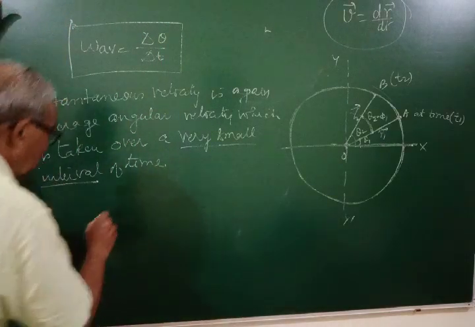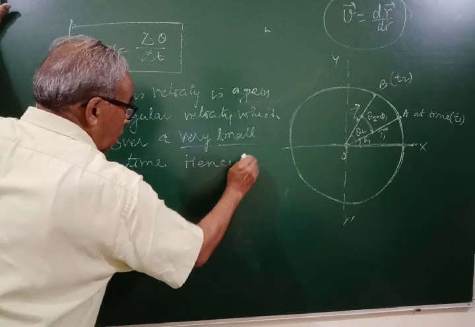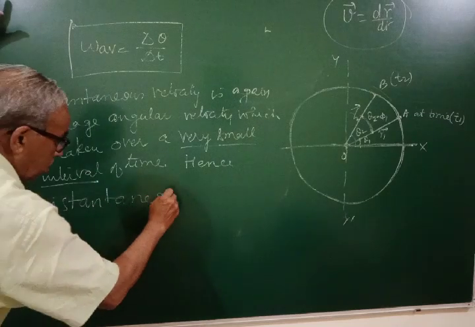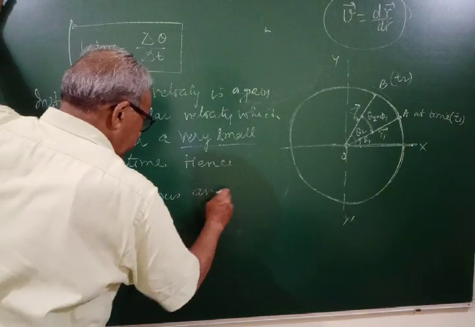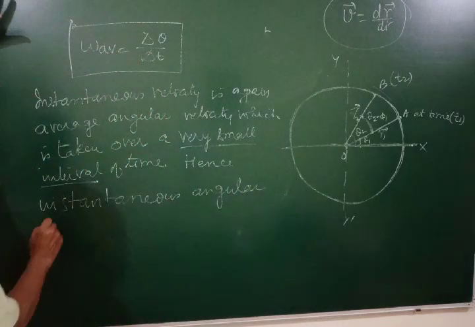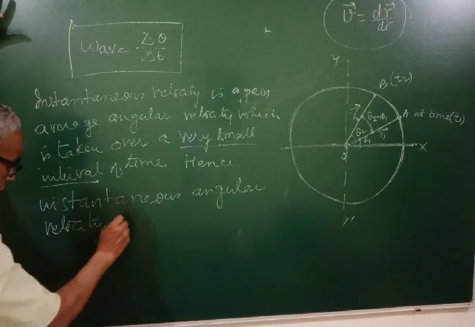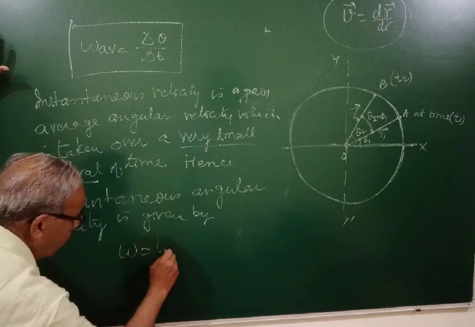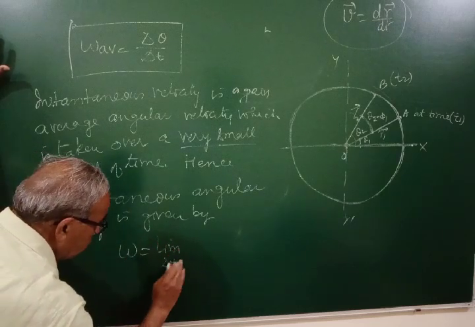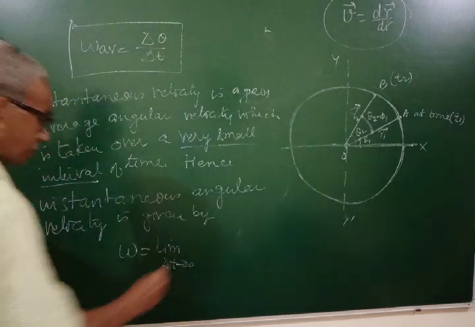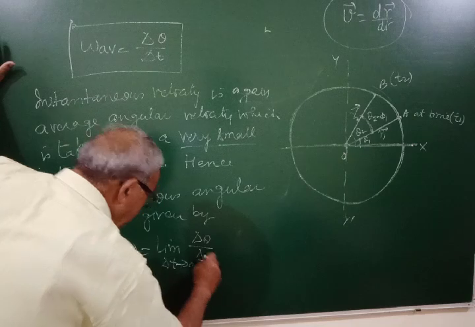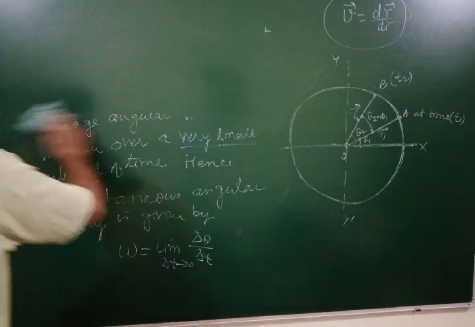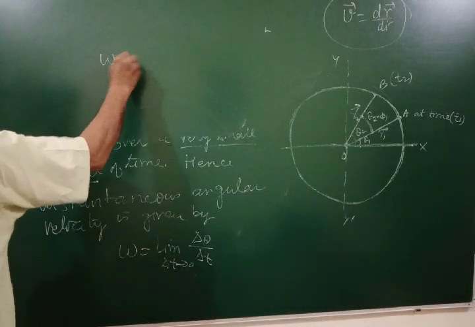Hence we write the instantaneous angular velocity is given by omega equal to limit delta t tending to 0 of delta theta upon delta t, or we write it as omega equal to d theta upon dt.